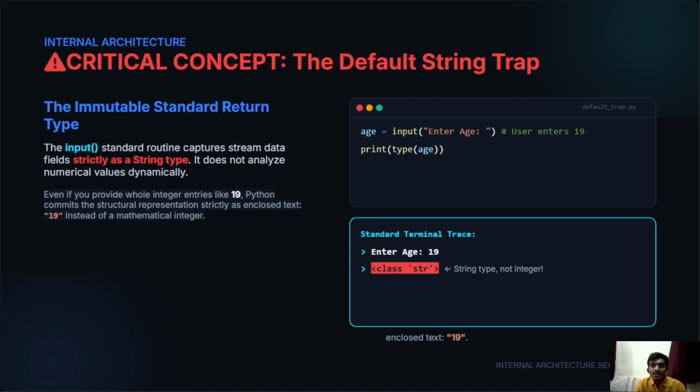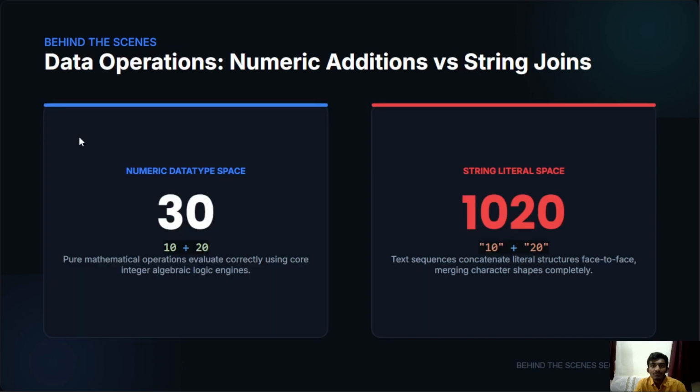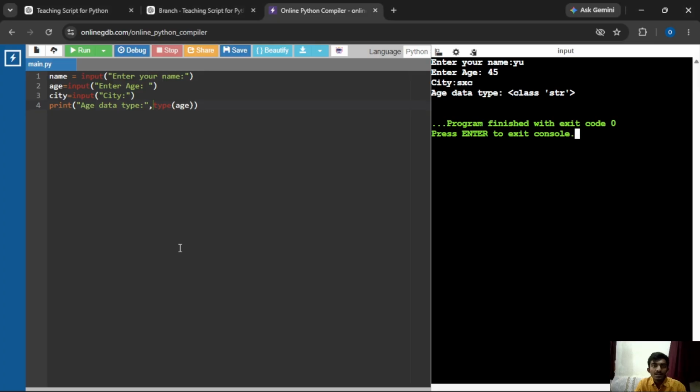Now let's see why this is actually important. Imagine we are building a simple calculator. We ask the user to enter two numbers. When we add them together, sounds easy, right? But let me show you with the code. Here, let me erase everything for you.